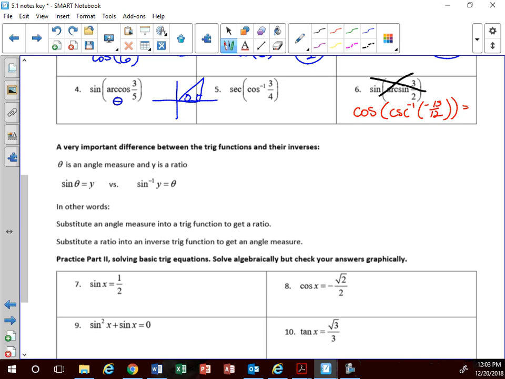The theta is right there by the origin. Cosine is 3 over 5. That means adjacent is 3, hypotenuse is 5. What is the other side of my triangle? 4. That's the only reason we need this information, to draw our triangle. So now, what is the sine of that angle? 4 over 5. And you're done.